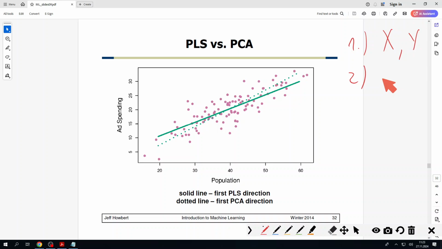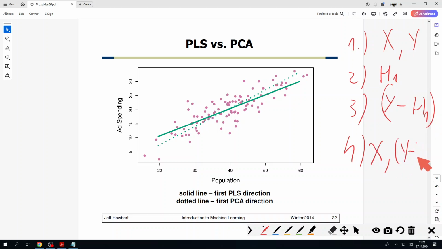Second, you find the hypothesis of linear regression. Third, you find the difference, the residual. Then you use this residual, hypothesis 1, instead of y, to find hypothesis 2, etc.